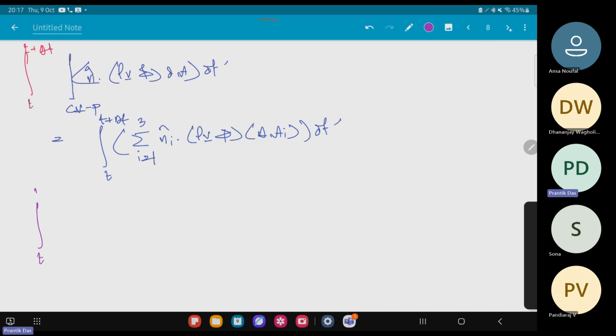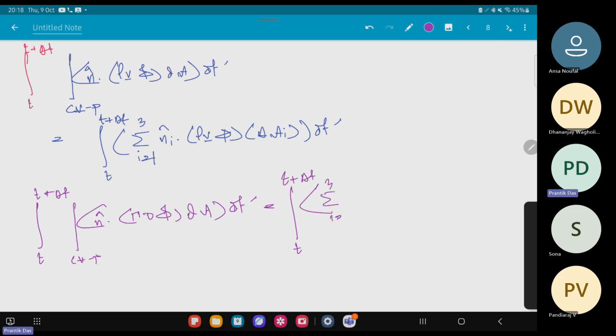So going to the discretization of the diffusion term, the integral of n cap dot gamma grad phi dA dt prime is basically equal to the integral from t to t plus delta t of the sum over i equals 1 to 3 of n_i cap dot gamma grad phi delta A_i dt prime.